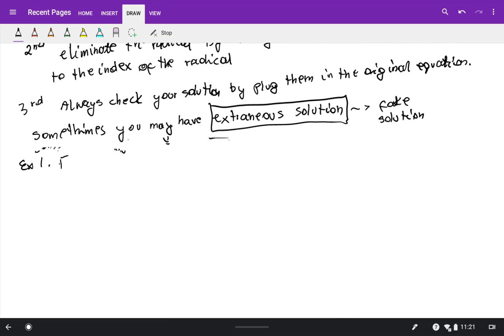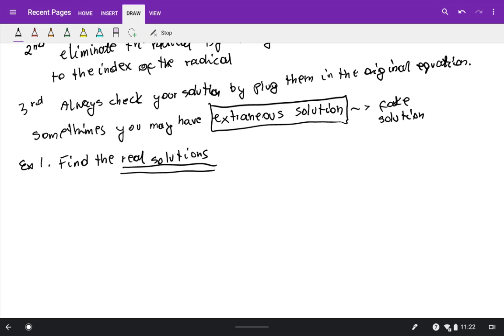Find the real solutions. Real solutions means at this moment I want you to forget about imaginary numbers, which we will cover later. This is the solution which you can see.